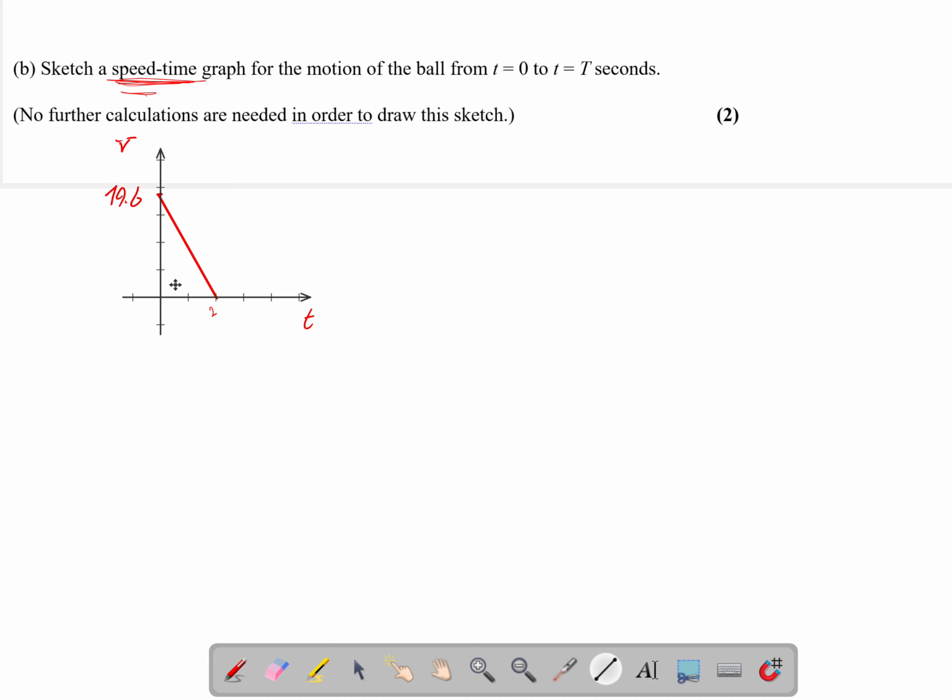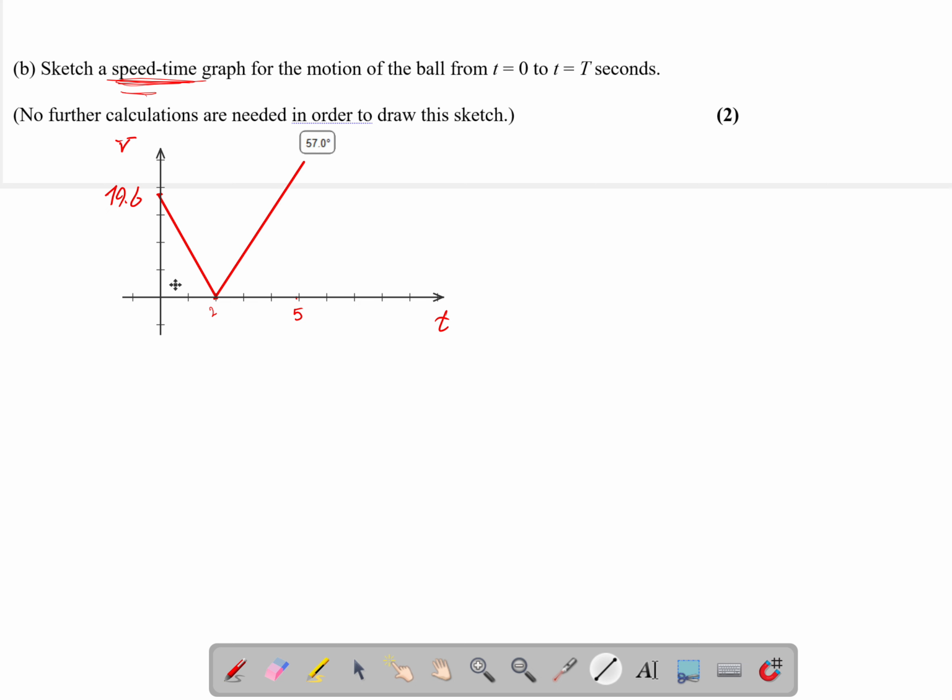And after that, after 5 seconds, 3, 4, 5, okay, here. After 5 seconds, we hit the ground. With the same slope, our speed will increase.